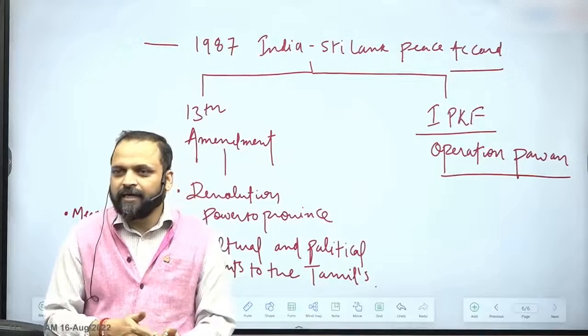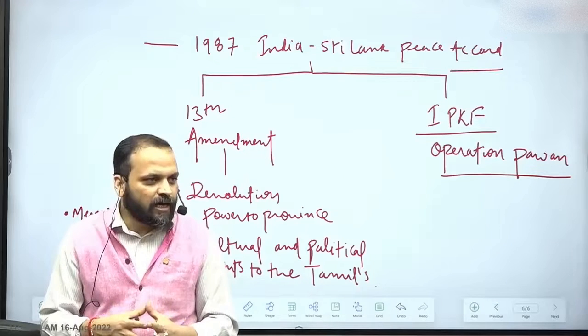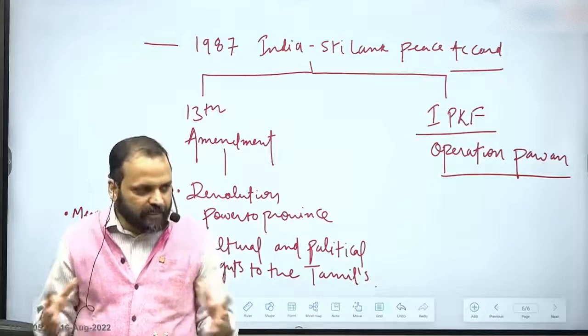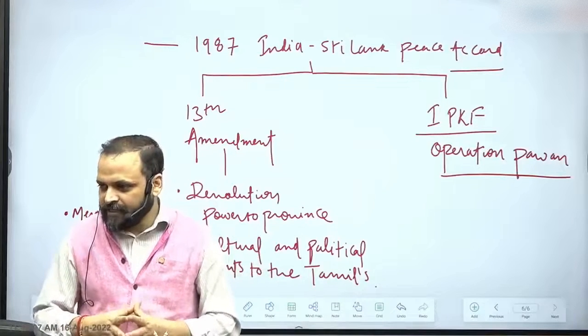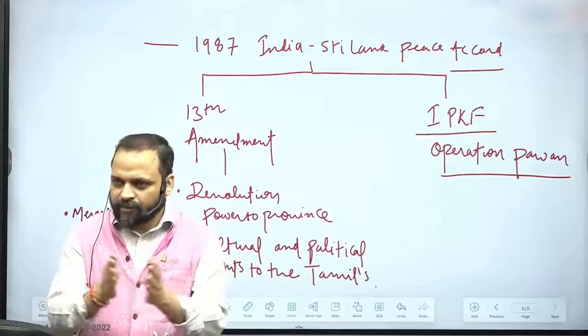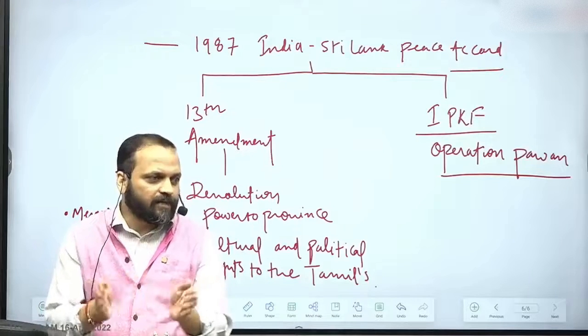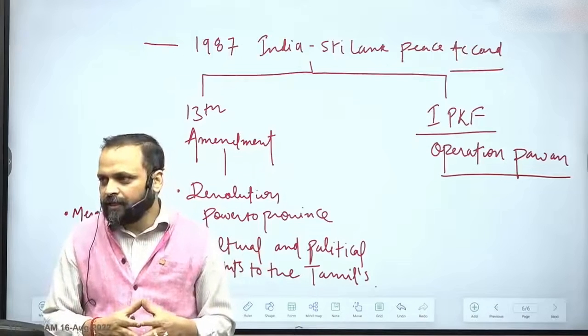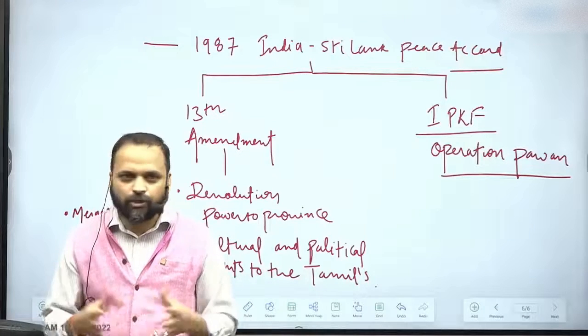So then India ensured that for the period till which LTTE lays down its arms and is then integrated in the political process in Sri Lanka, Indian armed forces would play a neutral arbiter. They would separate the combatants, they would ensure that there is no fighting, there is no violation of the agreement.